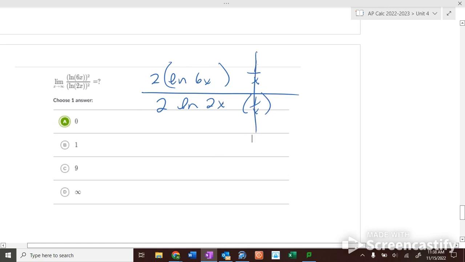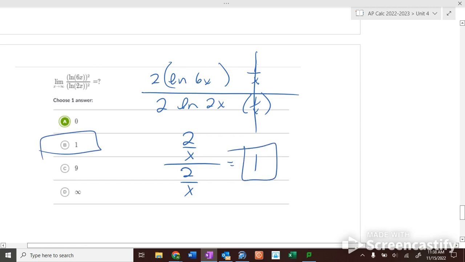If you put an infinity in, I still don't think you can do it, so then you do it again. So it's 2 over x over 2 over x, which is 1, right? I think the answer is 1, not 0. Okay?